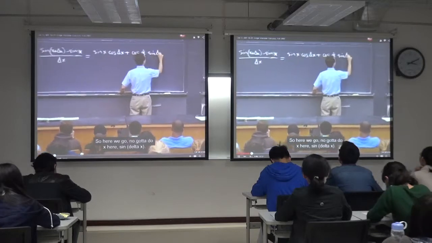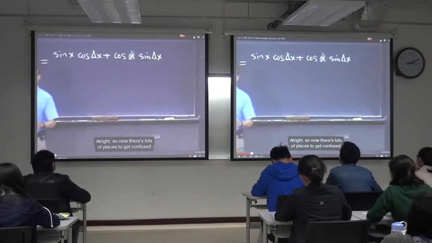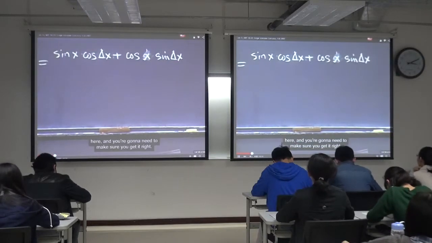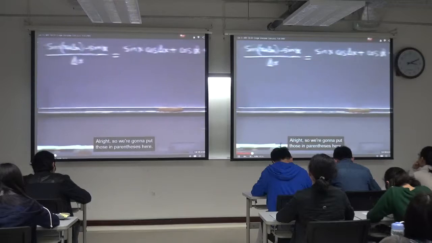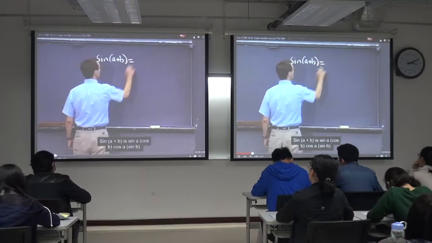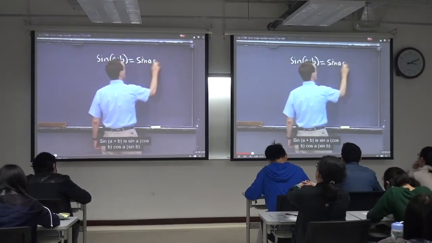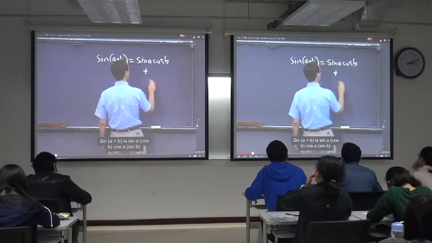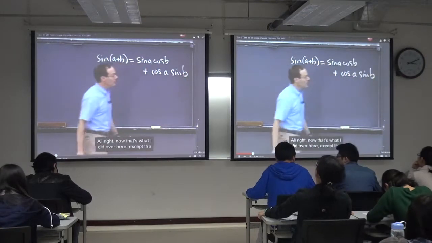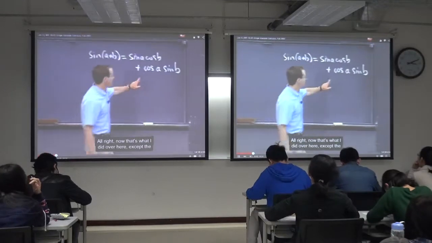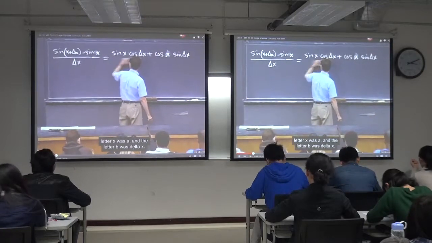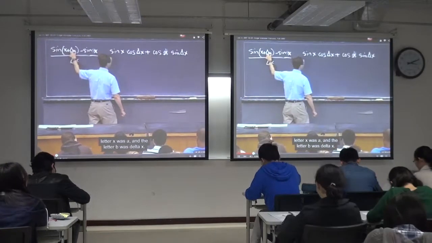Sine cosine. All right? So now, there's lots of places to get confused here. You're going to need to make sure you get it right, all right? So we're going to put those in parentheses here. Sine of A plus B is sine A cos B plus cos A sine B. Now that's what I did over here, except the letter x was A and the letter B is delta x.